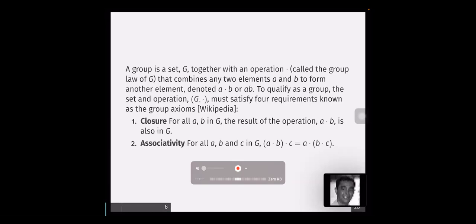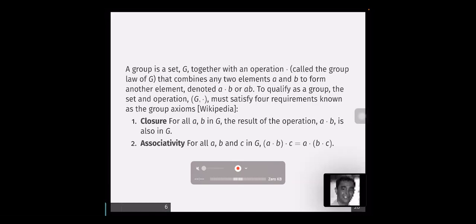Now, group theory is also one of those things where, as you can see, the structure of a group has only a few requirements. So anything that you can say about a group will apply to so many things.